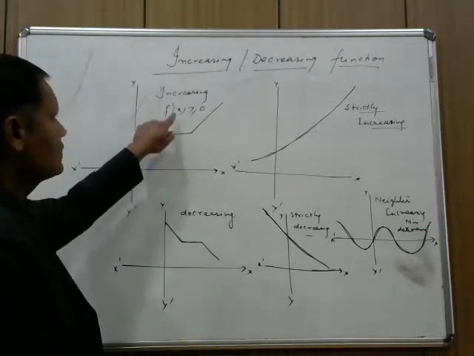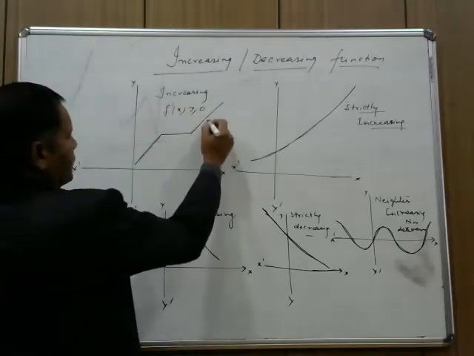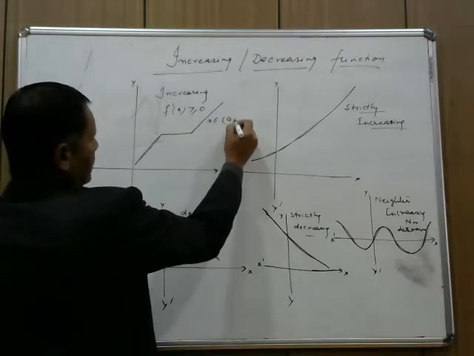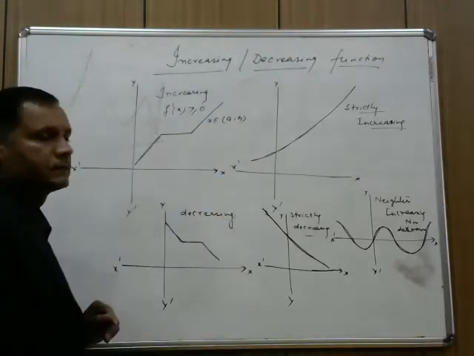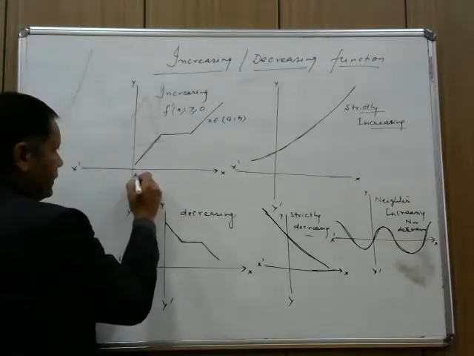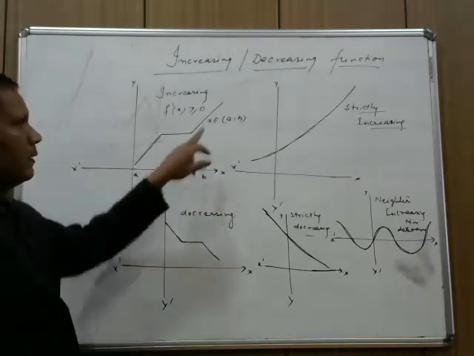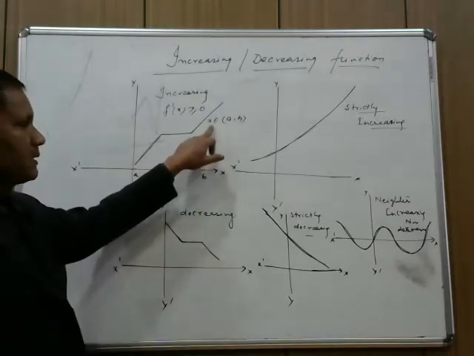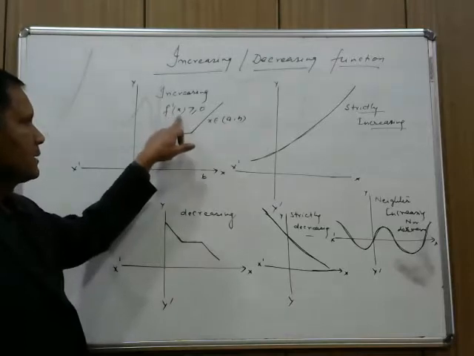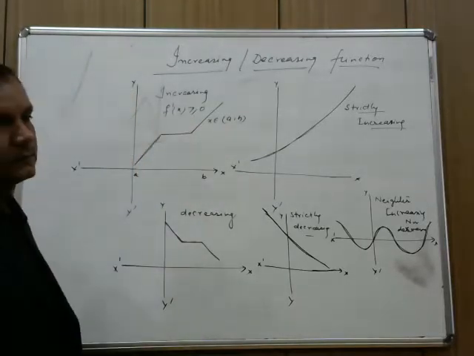That's why here f dash of x is greater than or equal to 0, where x belongs to the interval a comma b. Suppose this point is a and this point is b. Then in the interval where x belongs to the real numbers, x belongs to a b, f dash of x is greater than or equal to 0 when the graph is increasing.